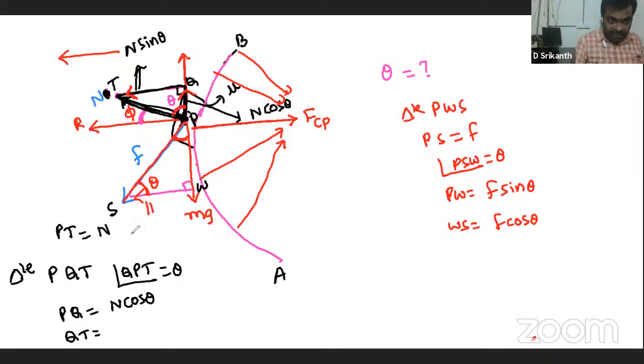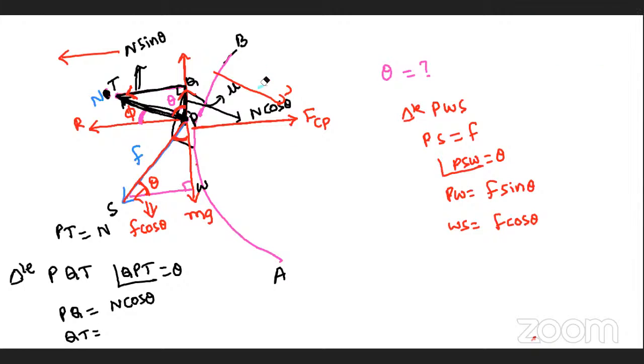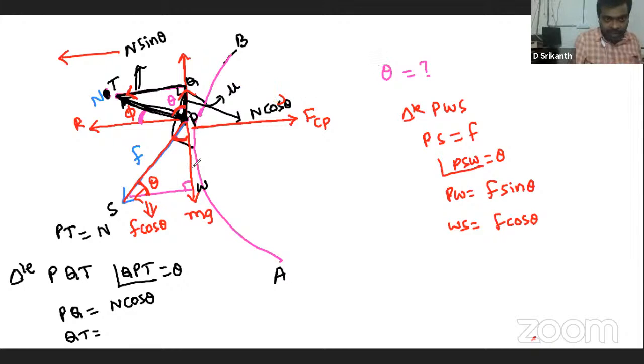What is the formula for centripetal force? The centripetal force is mv square by r.